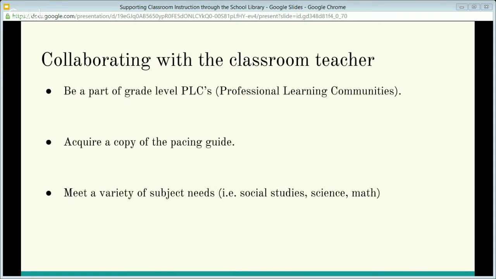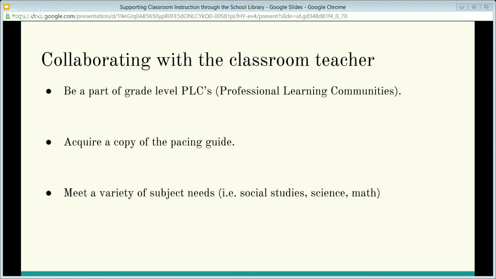And so in those instances, I would say if you're unable to be a part of the grade level PLCs, then at least find a teacher in each grade level that you can connect with, begin to show that teacher resources that are available in the school library, and doing lessons with that teacher's students, and then the word will begin to spread. So I think that's important.